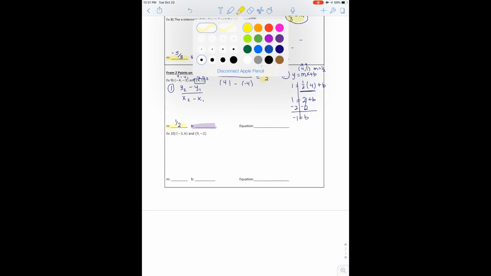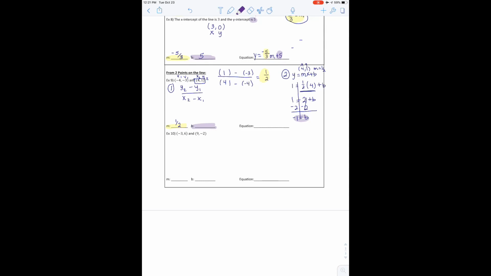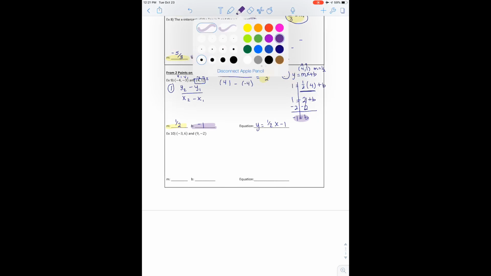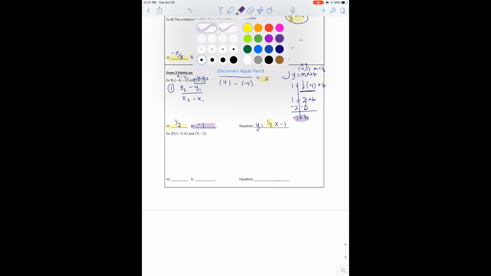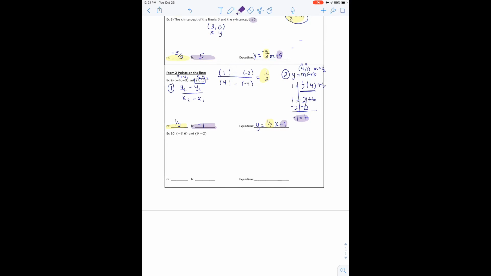So my y-intercept that I just solved for is -1. Okay? All right, so now I have y equals 1/2 x minus 1. The slope was 1/2. The y-intercept was -1. Got it? Not hard, okay?